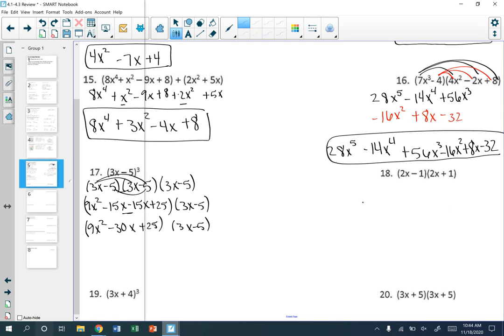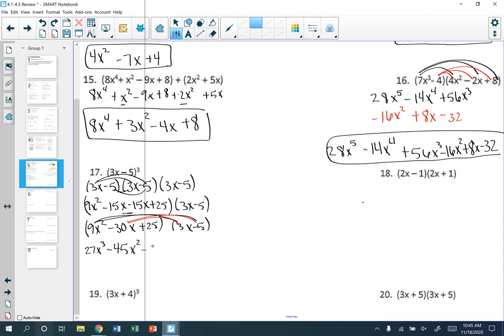Okay, so now this looks very similar to what we just did in number 16. So we need to multiply 9x squared by everything. So 9x squared times 3x gives me 27x cubed. And then I have 9x squared times negative 5 gives me negative 45x squared. Now I move on to my negative 30x and distribute that.